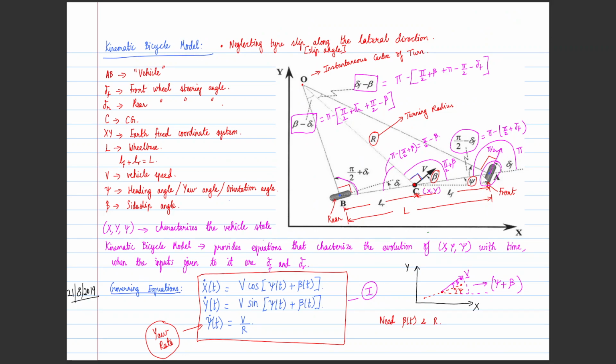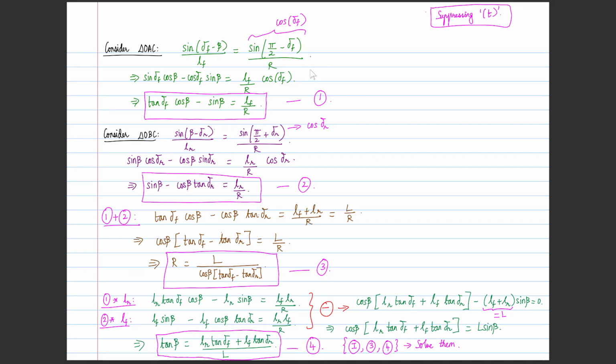We can take sine of this angle divided by LF, and sine of the angle at point A divided by the radius R. This gives another equation.